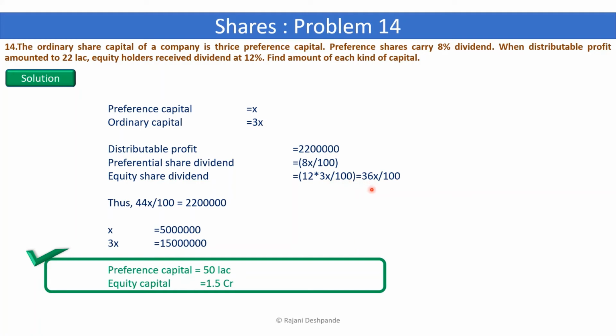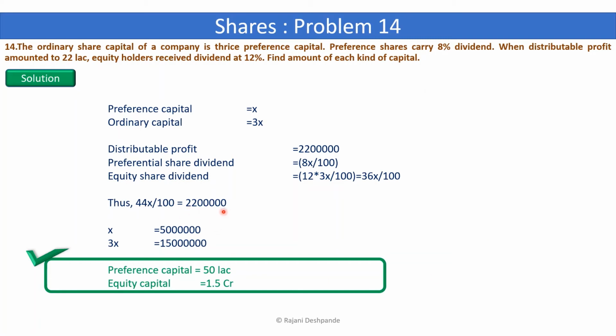So that is 36x upon 100. So the total dividend to be paid is 8x upon 100 plus 36x upon 100, that is 44x upon 100, and that is equal to 22 lakhs.